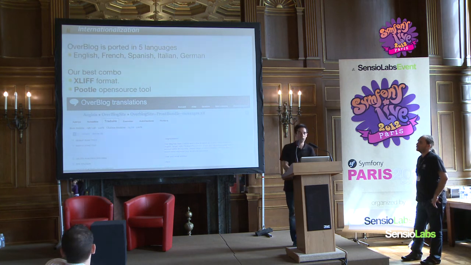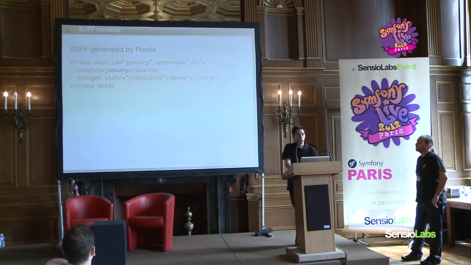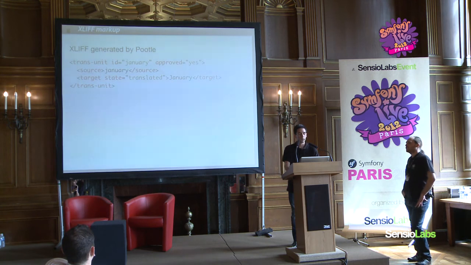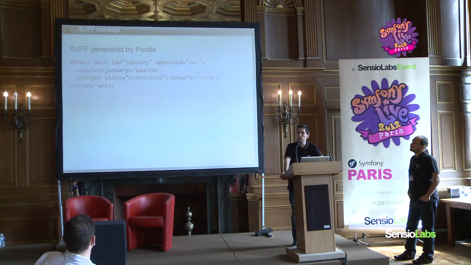Our translators have access to the various keys, translate them, and then it's dispatched. What's interesting about Pootle is that it works on XLIF, which is quite nice because it works on XML. If you are used to working a bit with XLIF, Pootle added a number of attributes. For example, in the content it will add whether the key was approved by a translator or not. So when we do an import, we don't always have to recreate the translations. It's the same for the target state: here you can see whether the translated material was first approved by a translator or not.